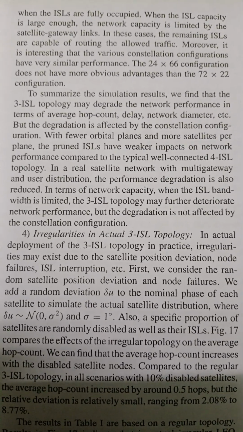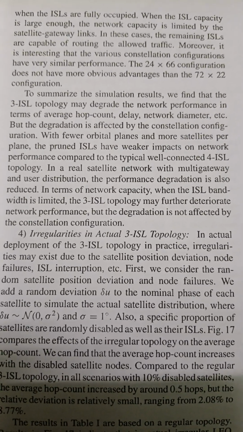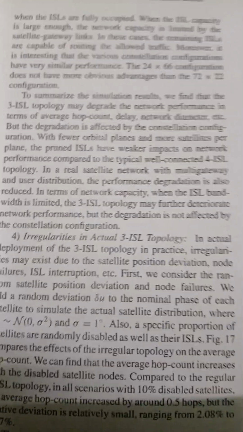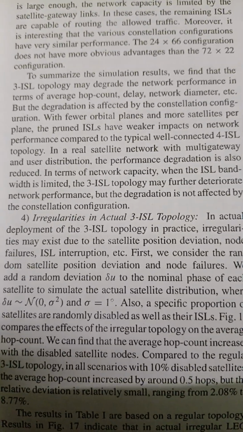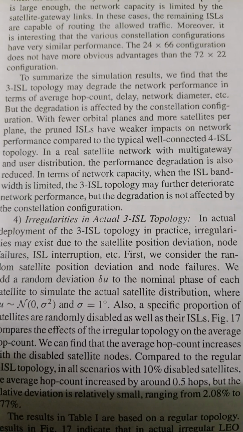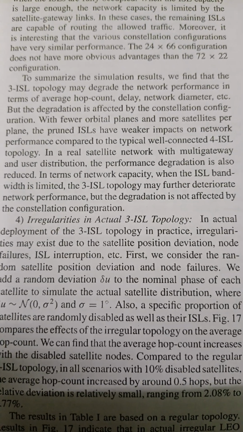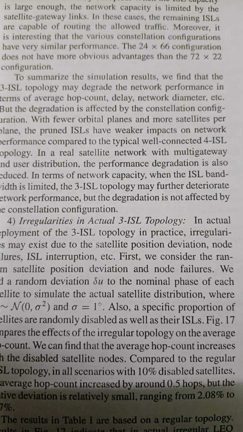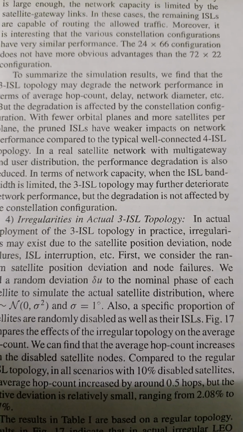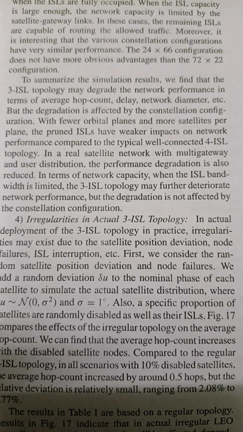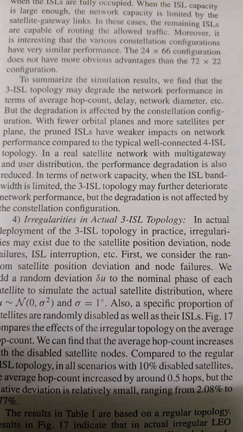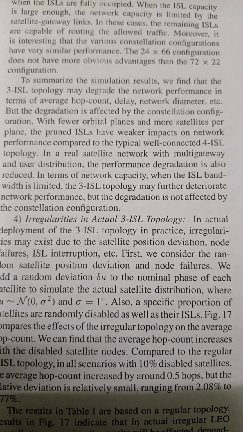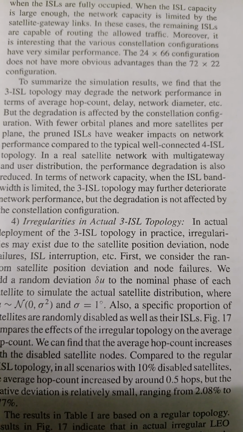The pruned ISLs have weaker impact on network performance compared to typical well-connected 4-ISL topology. In a real satellite network with multi-gateway and user distribution, the performance degradation is also reduced. In terms of network capacity, when the ISL bandwidth is limited, the 3-ISL topology may further deteriorate the network performance, but the degradation is not affected by the constellation configuration.